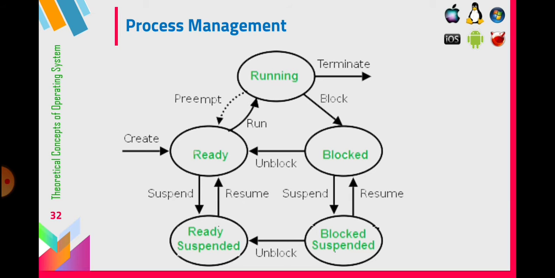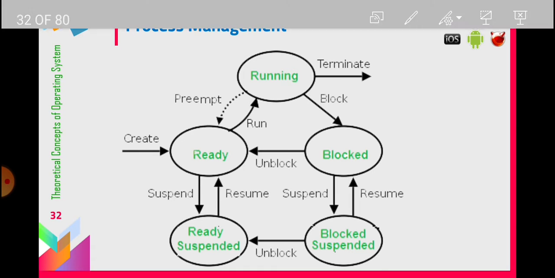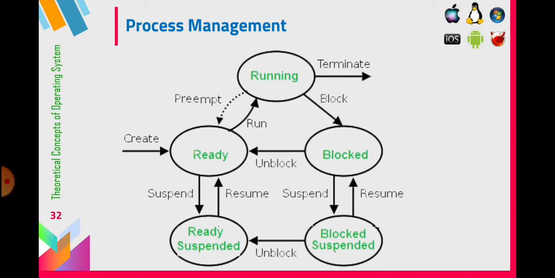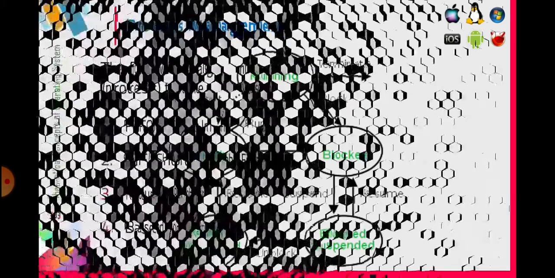If the process is completed, then the system can terminate it. Otherwise, if the process requires some inputs, then that process is blocked, and then blocked suspended. Once it gets all the inputs, it moves from blocked suspended to ready. Again the cycle continues, going to the processing unit and getting processed. So this cycling is done in process management.